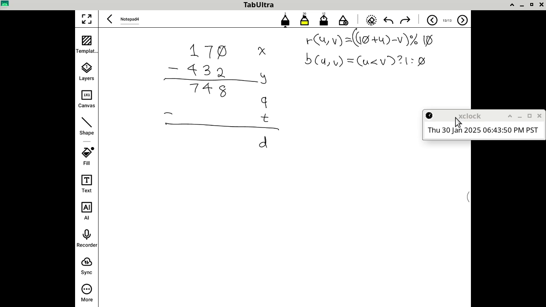So now we have to define a few things. So now once again, we define Q of I to be R of Xi, Yi, but this time R is representing single digit difference. T of I plus 1 is now B of Xi, Yi plus B of Qi, Ti.